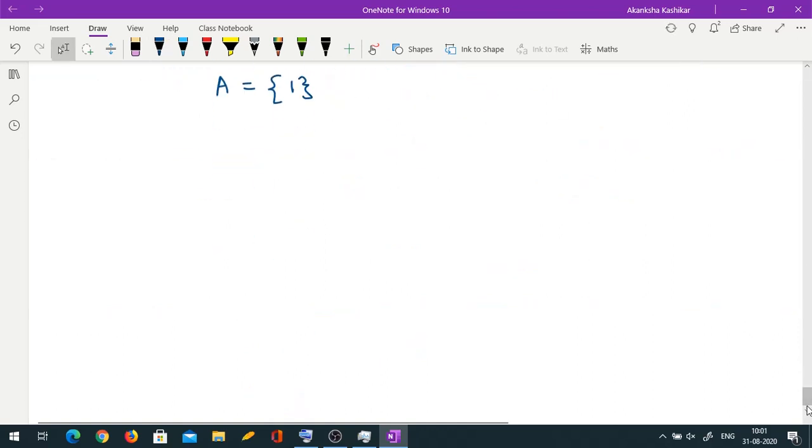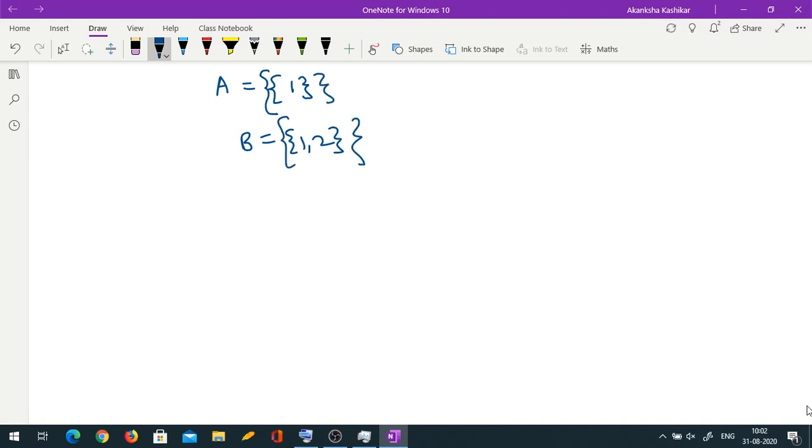Let me define set A as the singleton {1}, and set B as {1, 2}. So let me define A as a collection consisting of the singleton set and B as a collection consisting of this set, so that this is a subset of the power set. This is not an element of the power set but a subset of the power set. If I take only the inside thing, it becomes an element of the power set, but what I want is a subset of the power set.